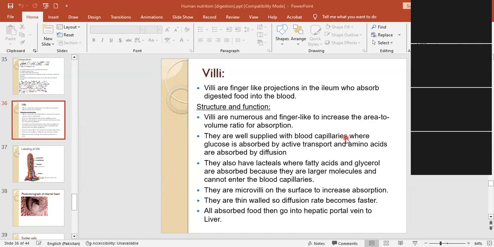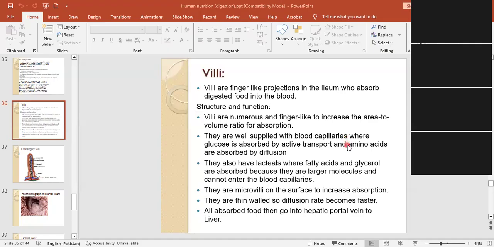So the villi should be well supplied with blood capillaries because all the food is supposed to go to the blood. How will it go into the blood when there is no blood there? So it is a key factor.